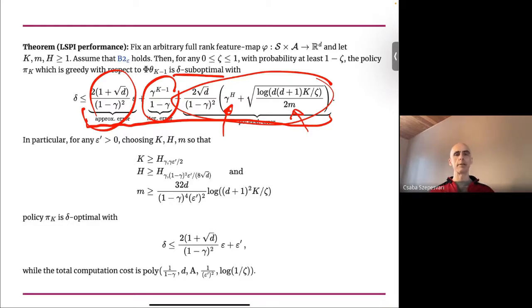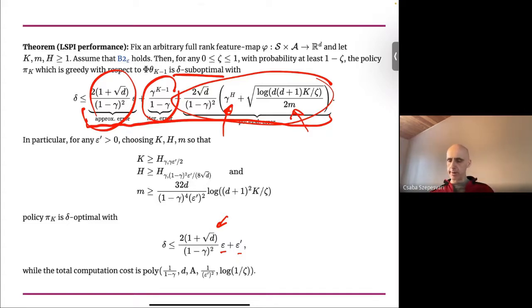You can ask the question, could it be better? That's a valid question. And if you look at the total computation cost and the sample complexity, and you just accept that the error is going to take up this form, that is the blow up from the approximation error, and then there is some extra error that you're trying to control. This is the error that's under your control.